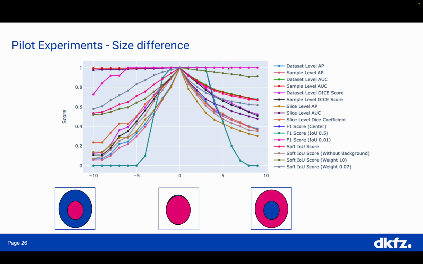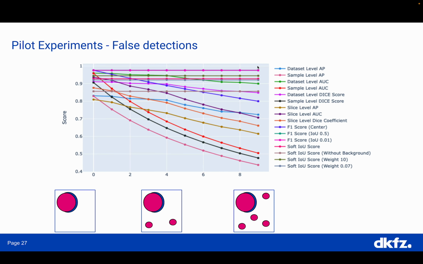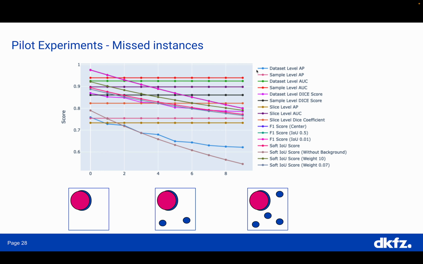However, there are some metrics which are ignorant to either over-segmentation or under-segmentation. Similarly, we looked at what happens if we have false detections. And as most methods decrease if there are false detections, some are ignorant to that. In analogy, we also added missed instances. And again, while some decrease as the missed instances increase, some methods are ignorant.